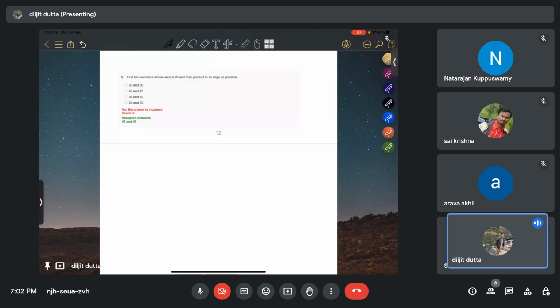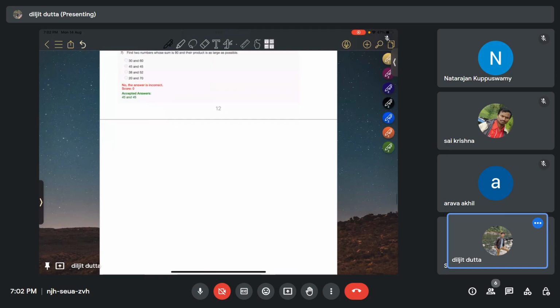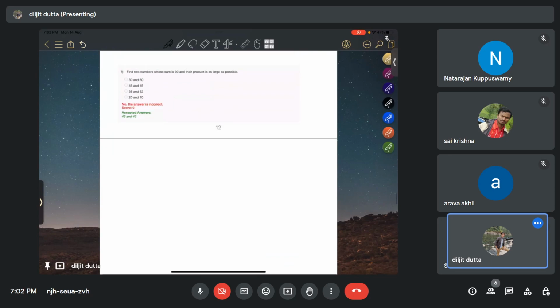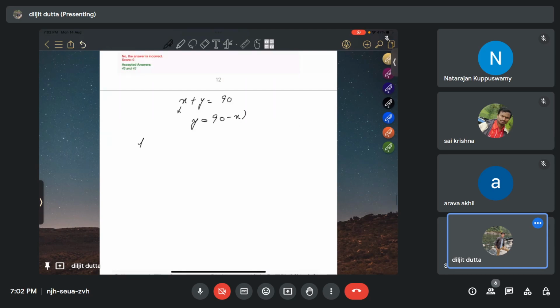Find two numbers whose sum is 90 and their product is as large as possible. So let us take x plus y is equal to 90. So if one is x, y is equal to 90 minus x, and we have to make their product as large as possible. So f is equal to x into 90 minus x.